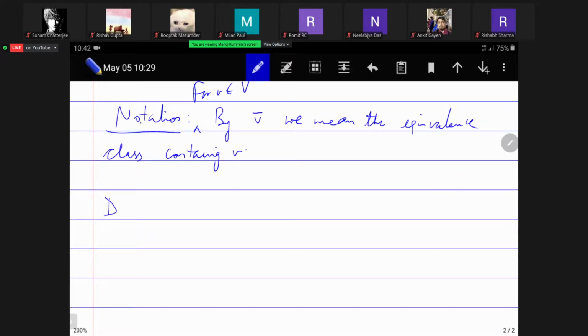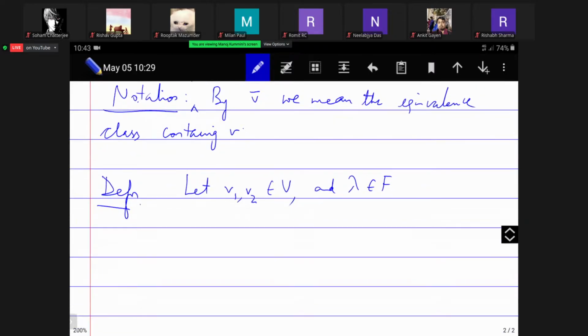Definition. Let v1 and v2 be inside V and lambda be inside F. So we are defining vector addition and scalar multiplication, because we want to make V mod W into a vector space. Define the addition: v1 bar plus v2 bar to be the equivalence class of v1 plus v2.